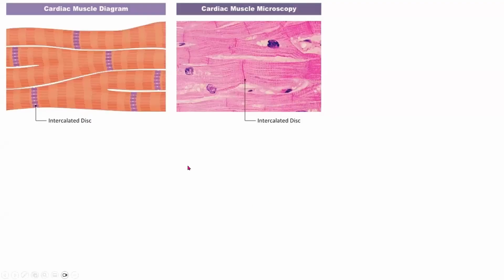The difference between the different muscle groups. This is cardiac muscle.